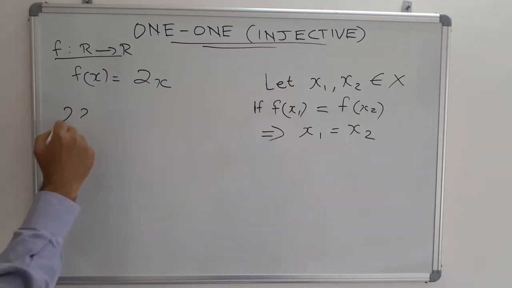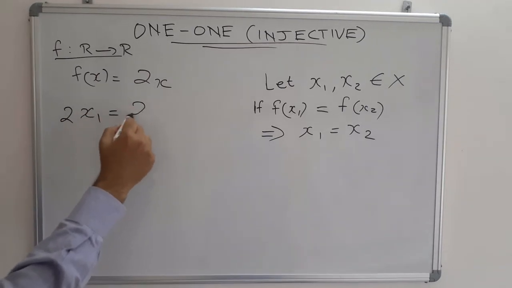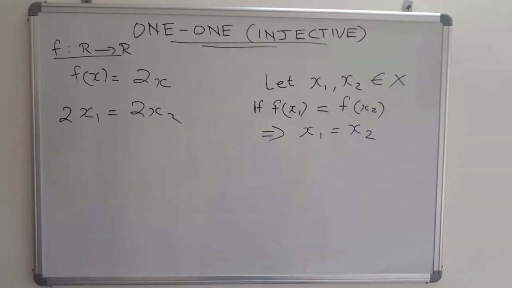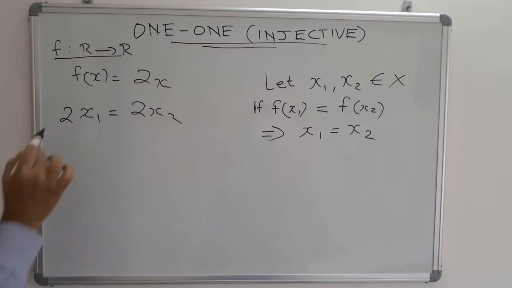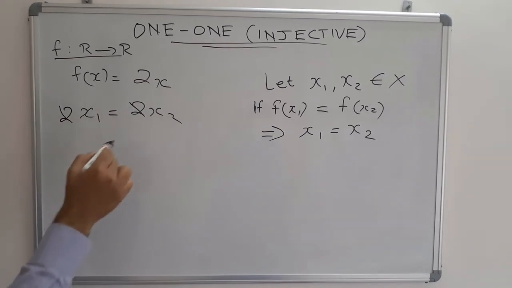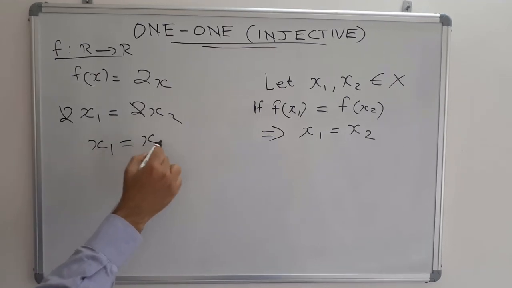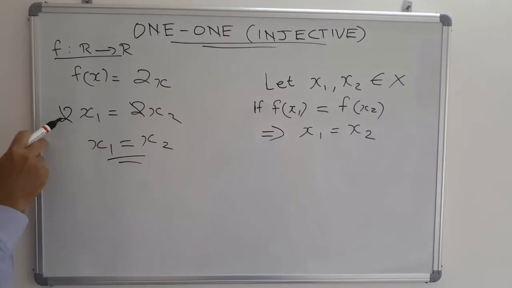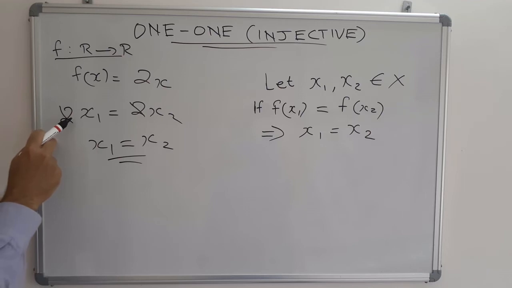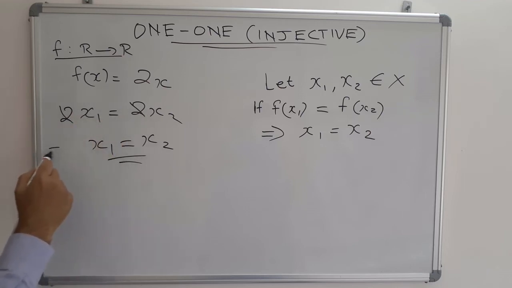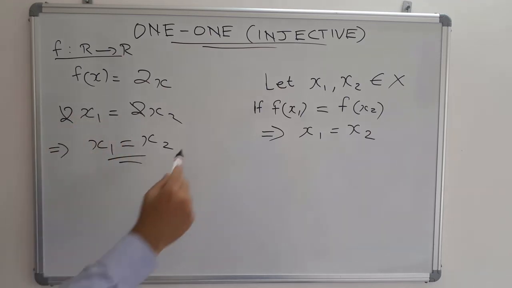That is 2x1 equal to 2x2. Does it imply x1 equal to x2? Sure, we can just strike out this 2 because it's a common factor, and now it is x1 equal to x2. So here f of x1 equal to f of x2 implied that x1 equal to x2, and this is a one-one function.